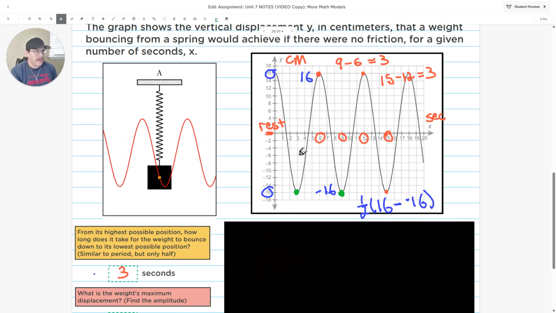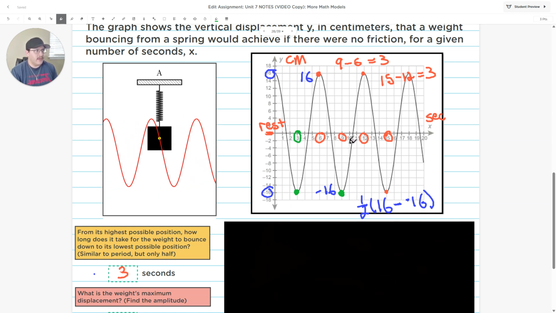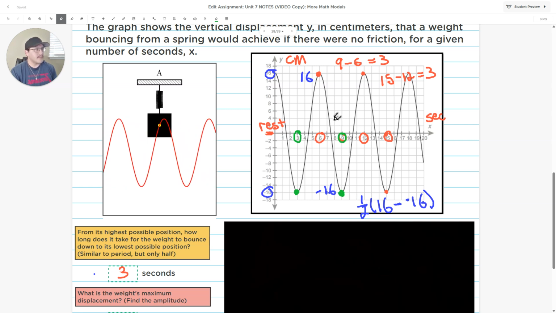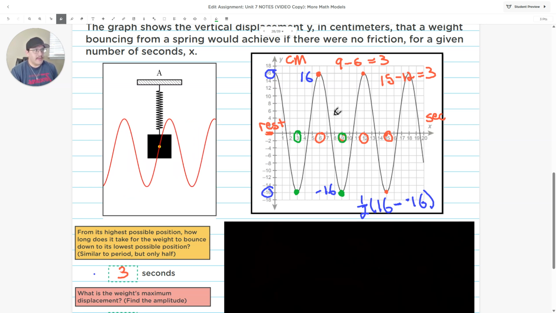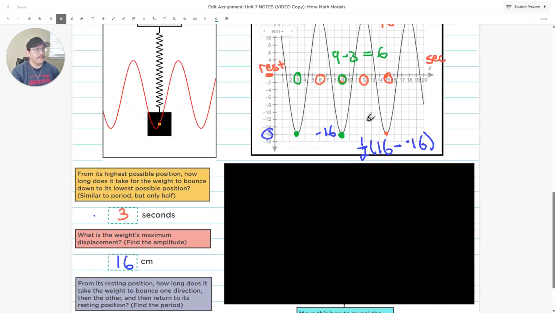In this one, 3 is one of those, and in this one, 9 is the other. So to find the period, 9 minus 3 is equal to 6.